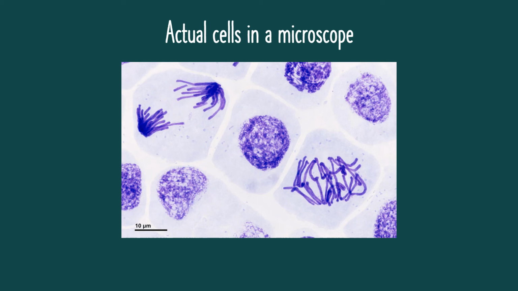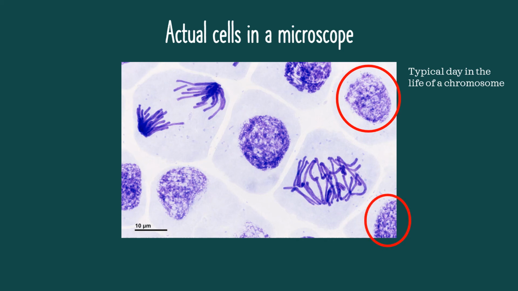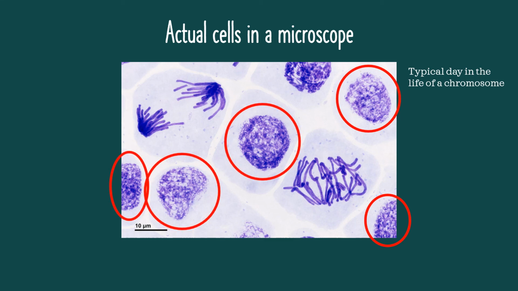Here's a cleaned up version of this image again, and you'll notice that in most of the cells, we really cannot easily distinguish separate chromosomes, like in this circled cell here. But this is actually how the DNA molecule typically looks throughout most of the cell's life. We see it in that cell, we see it in this cell at the bottom, and in these others.